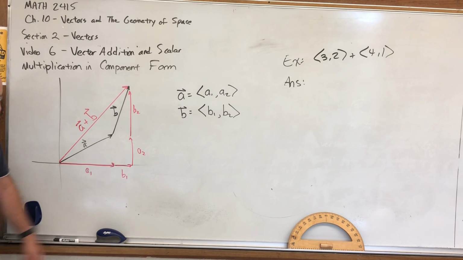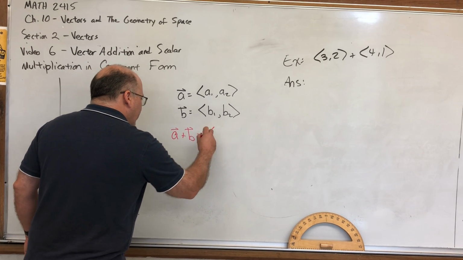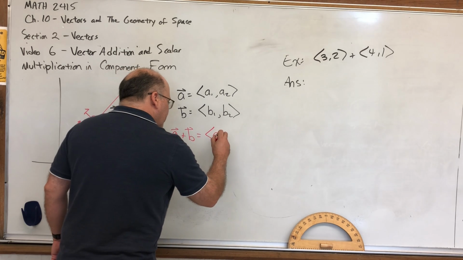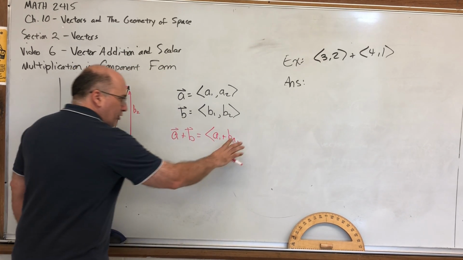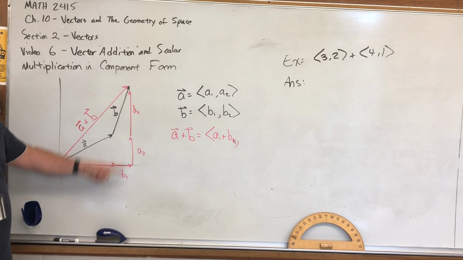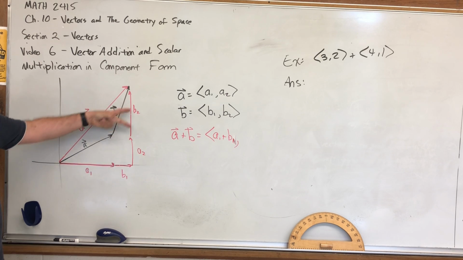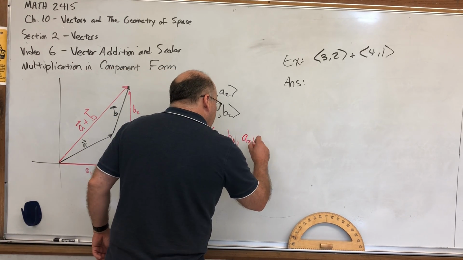The horizontal displacement is just the sum of A1 and B1, meaning that the first component of A plus B is A1 plus B1. Similarly, the second component of the sum is the vertical displacement, which is just the sum of the two vertical displacements of the original vectors, A2 plus B2.